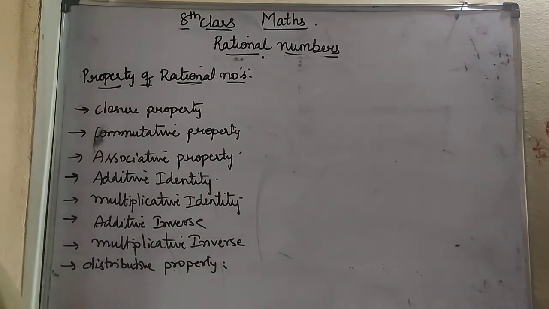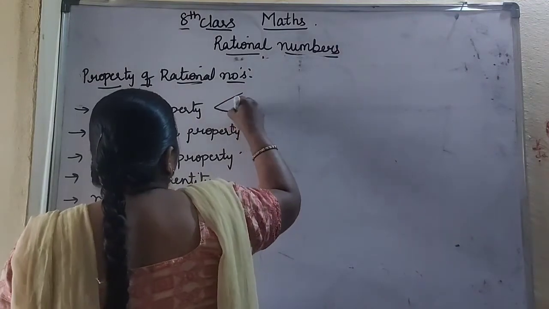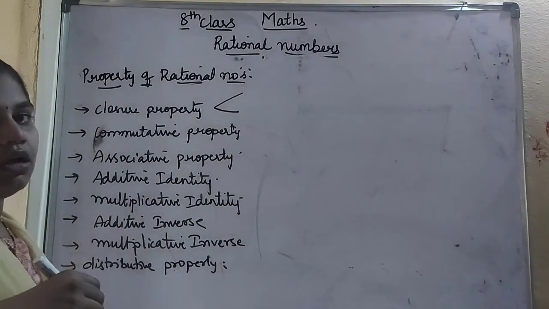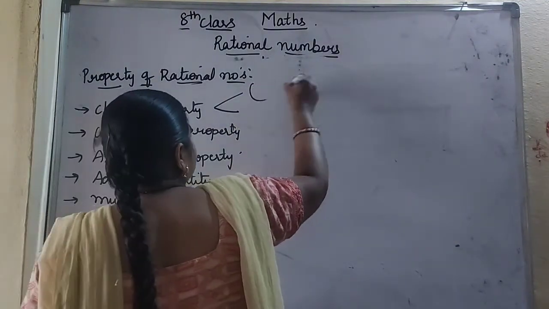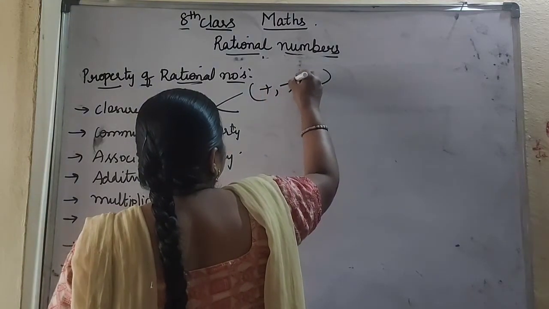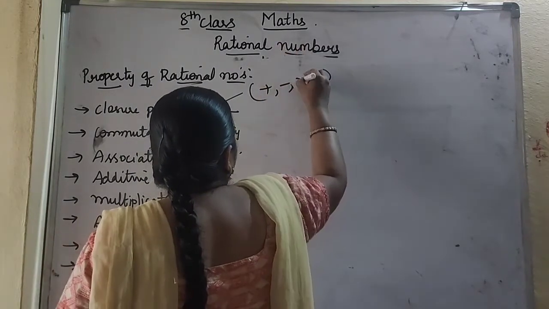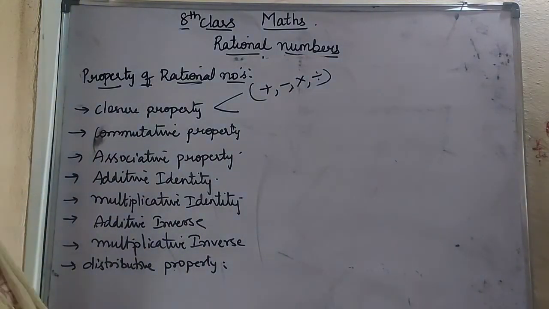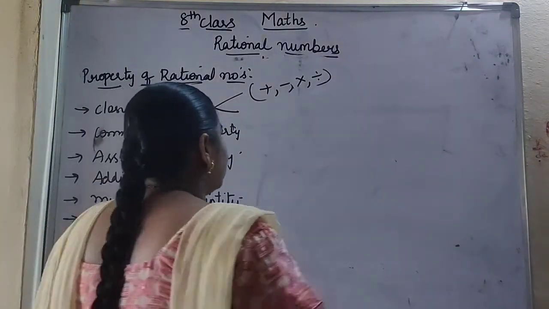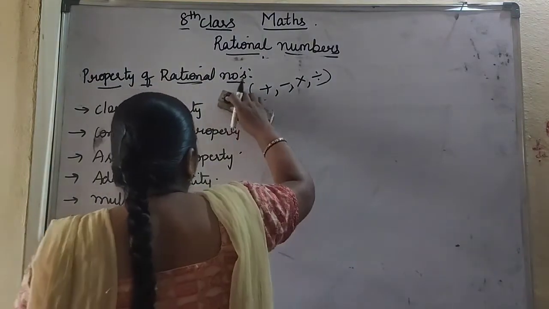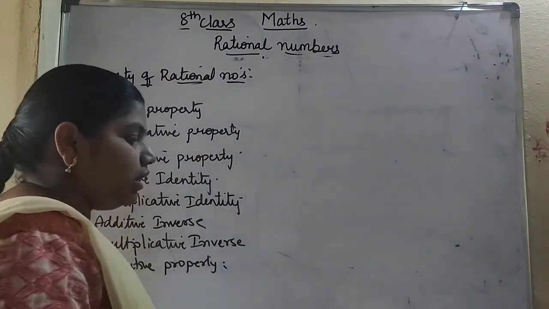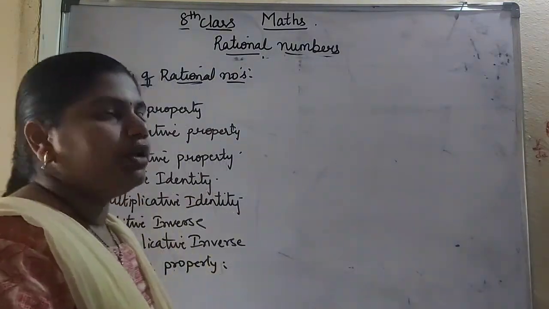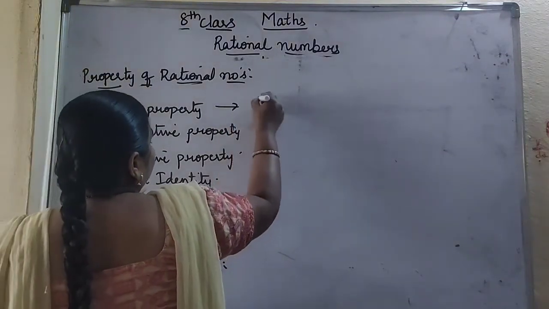In this we are going to check for all the basic operations: addition, subtraction, multiplication and division. Here we will simply see the general forms, and in the next class we can go into detail.